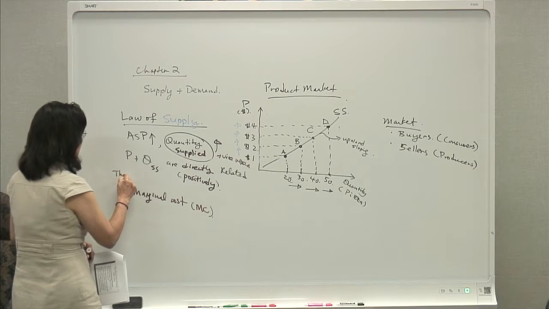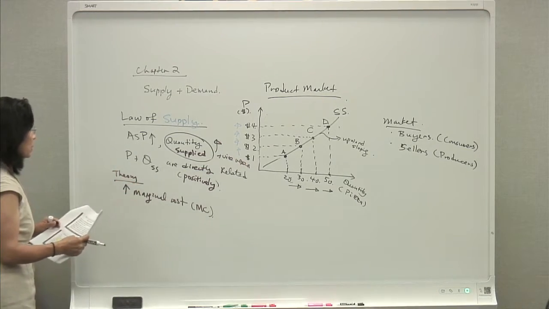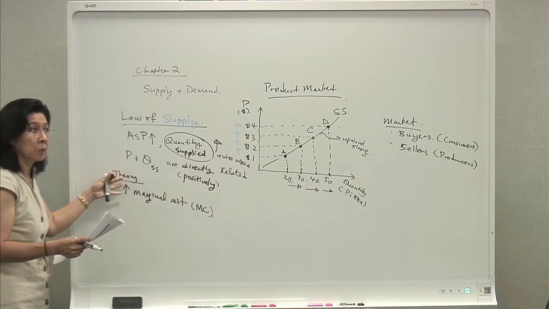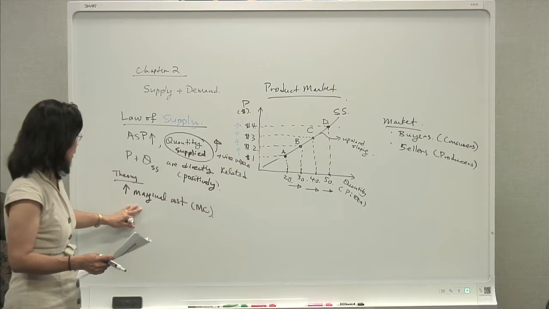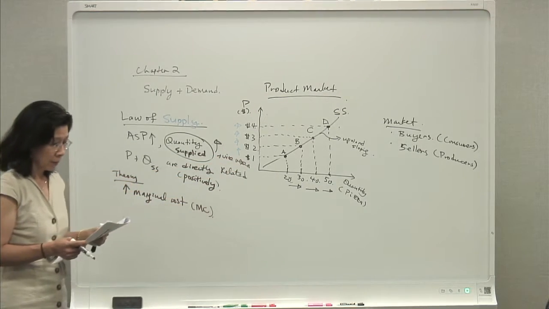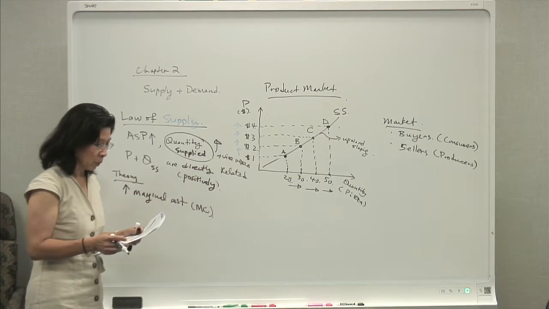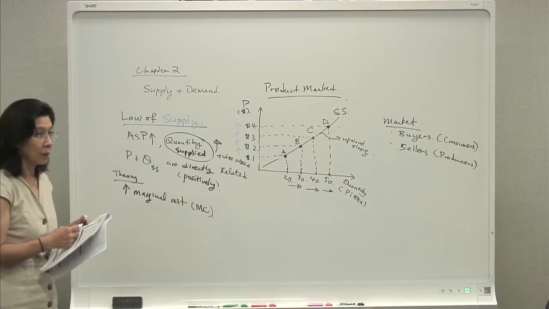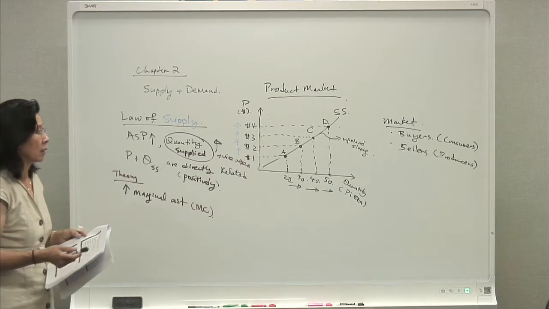So this is some of the theory that explains why the supply curve is upward sloping and why you have the law of supply the way it is. And that one reason is because of the higher marginal cost as you produce more and more units. So as you produce more goods, the marginal cost of producing those goods gets higher and higher.